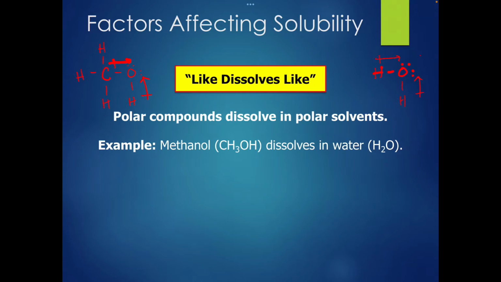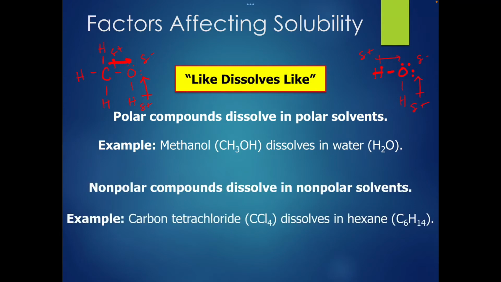The reason for this is our partial negative and partial positive charges here attract the partial negative and partial positive charges on our methanol. So like the partial negative of methanol would be attracted to the partial positive of water or vice versa, and that attraction is what allows those molecules to dissolve.